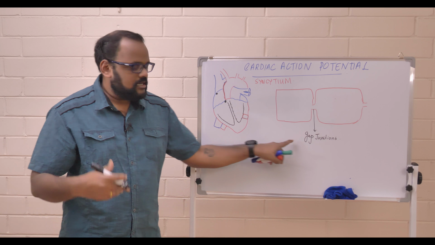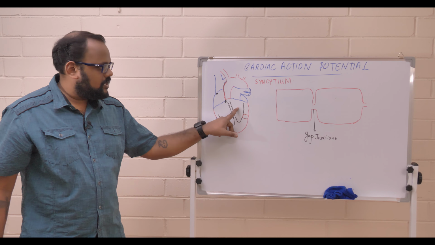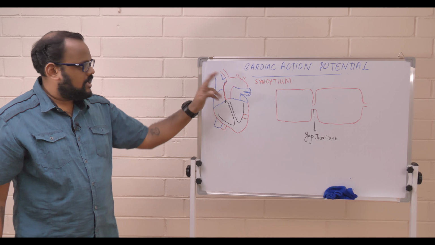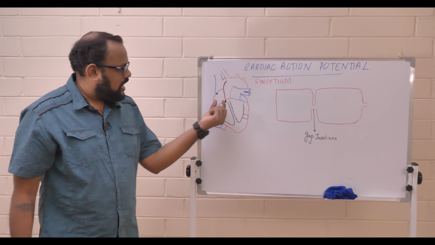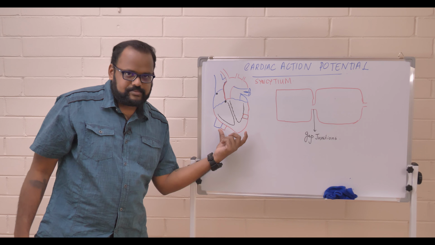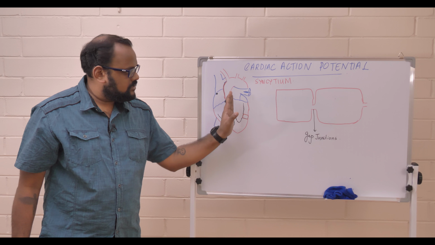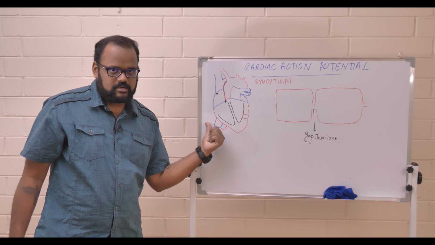So just to repeat again, you have your right ventricle and your left ventricle, and you have the upper part of your heart, which is the right atrium and the left atrium. I'm not going to talk about the blood vessels at this stage. You have your interventricular septum, which divides the lower part of your heart into left ventricle and right ventricle.